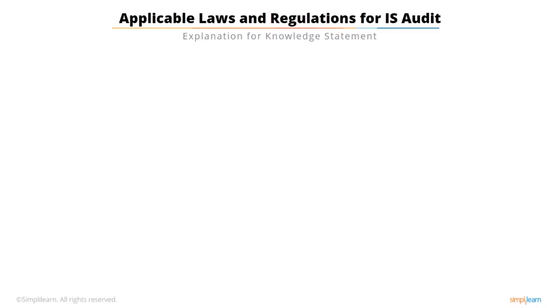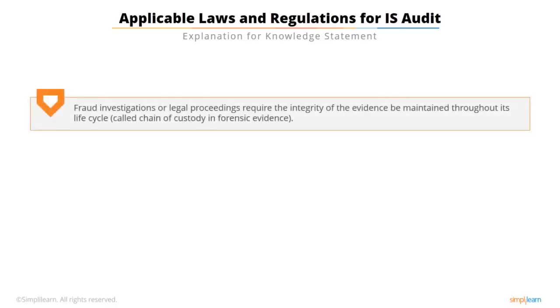Certainly that won't occur in every audit, but if you routinely conduct information systems audits, it seems a guarantee that you will eventually uncover fraud. For this reason, fraud investigations or legal proceedings require the integrity of evidence be maintained throughout its life cycle. This is called chain of custody in forensic evidence.